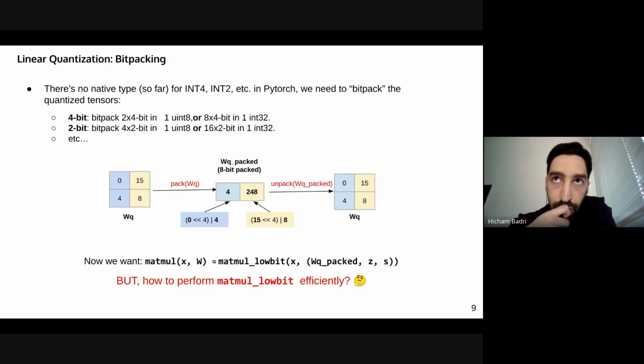So basically you just do torch matmul XW, you get your output, and you move on. But now you have some complicated formats. You have this packed data, you have the zero points, you have the scaling factors, and you want to do a matrix multiplication with this packed data. So the question is how to do this efficiently.